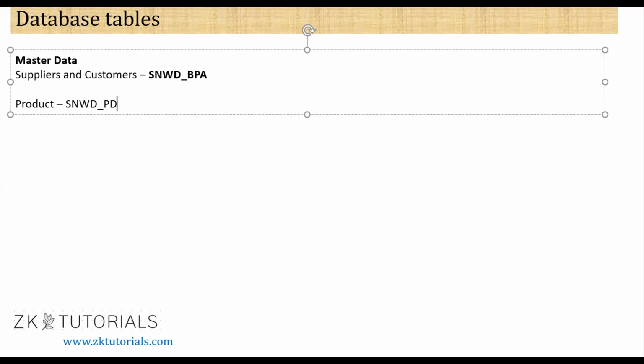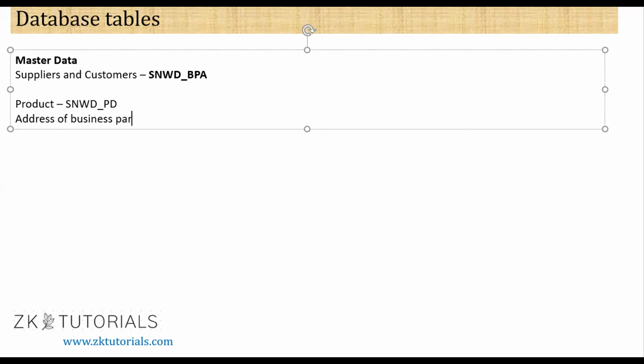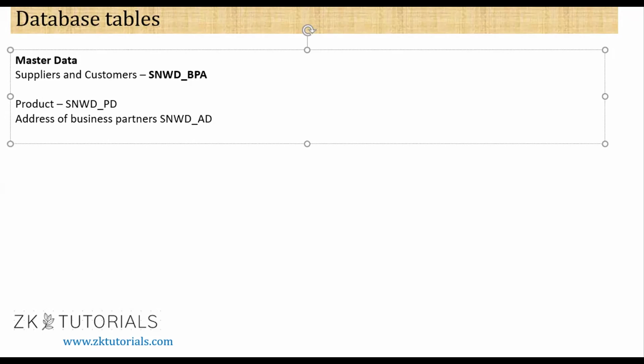Then we also have an address table, the address of the business partner, SNWD underscore address. Then we also have a product description table, that is SNWD underscore TXTS.